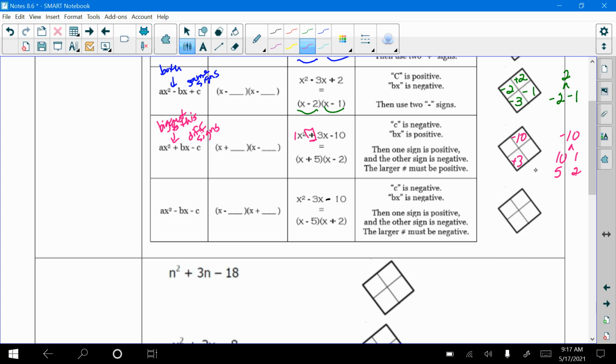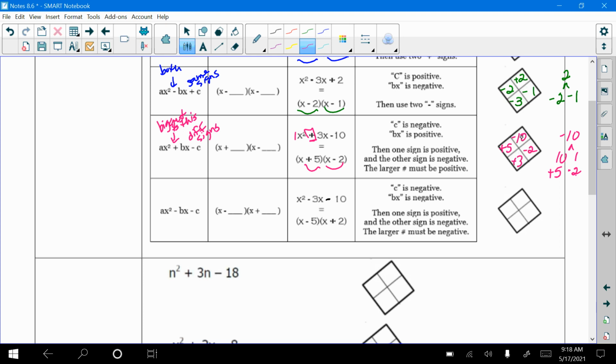Now I want the 5 to be positive and the 2 to be negative. So positive 5, negative 2. Positive 5 minus 2 is 3. Positive 5 times the negative 2 is negative 10, and it works.